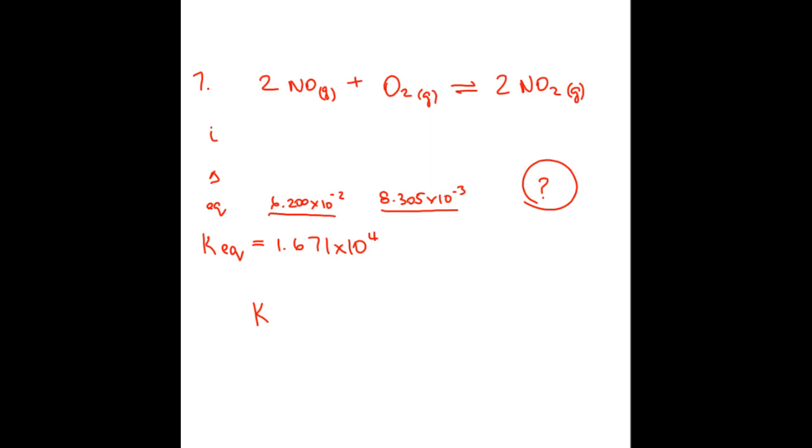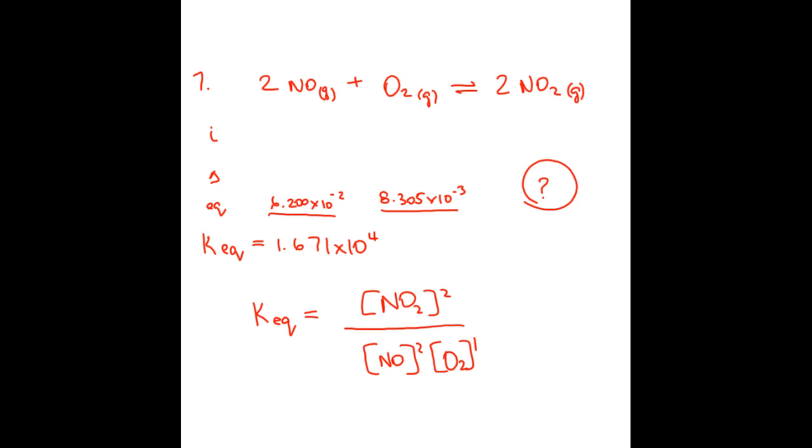So K equilibrium is equal to the concentration of NO2, which is the product, squared, because that's the coefficient, divided by the concentration of NO squared times the concentration of O2 to the power of 1.